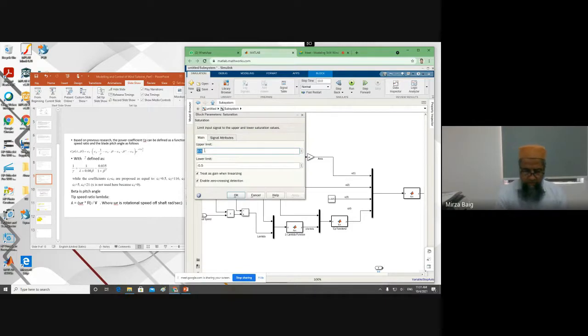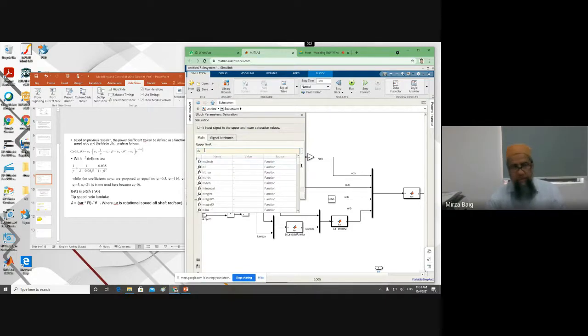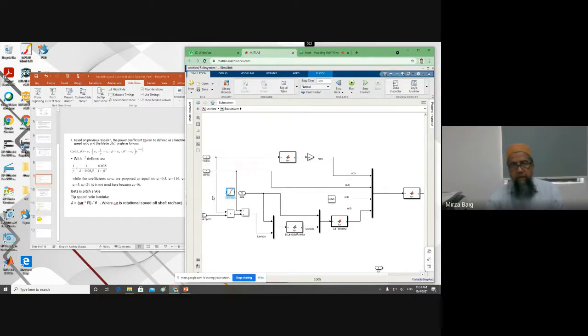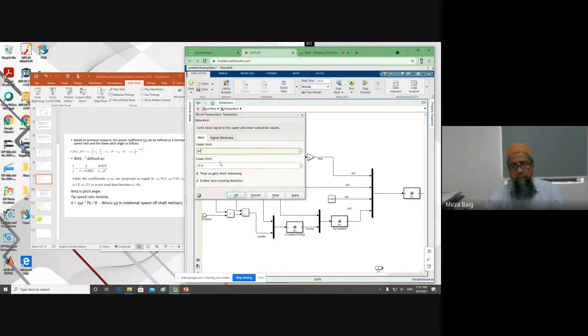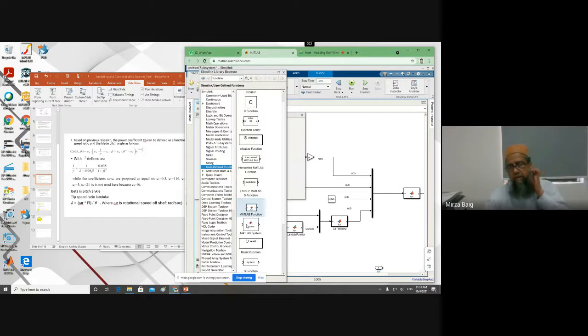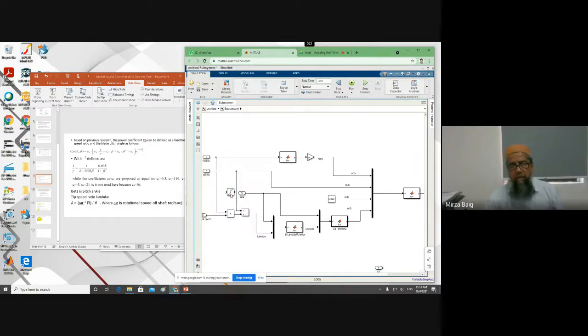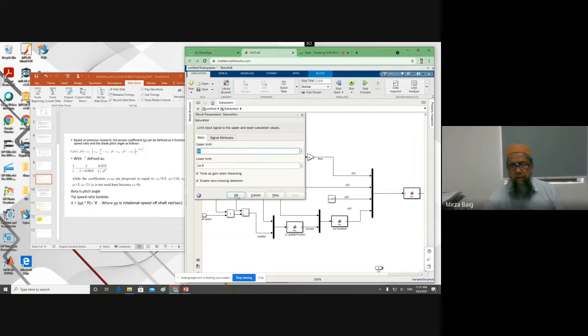We go higher, the upper limit is infinity. The lower one is 1 exponent minus 6. We don't want 0. Okay, that's okay now.